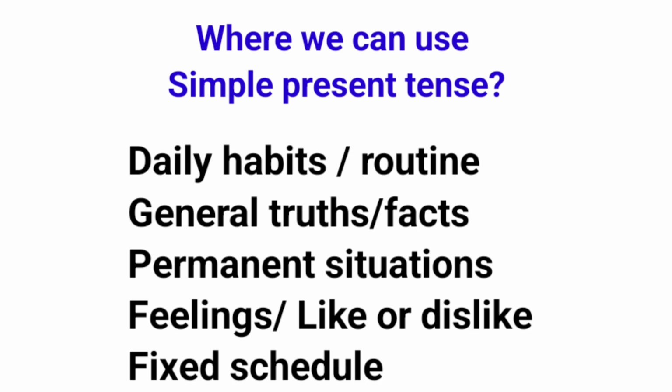Permanent situations, things that don't change easily. Feelings, likes and dislikes, to express emotions or preferences. Fixed schedules or timetables, scheduled events. Whenever you want to talk about something that is regular, permanent, or factual, use the simple present tense.